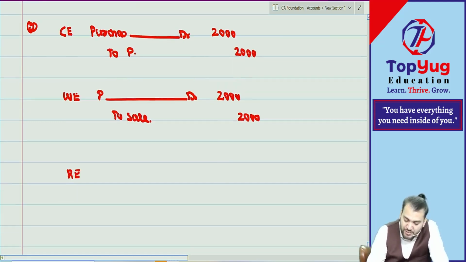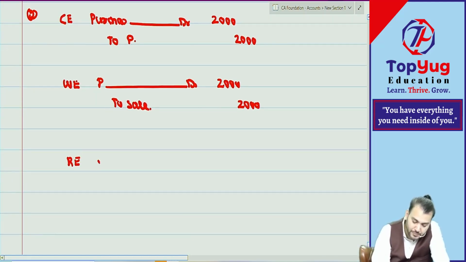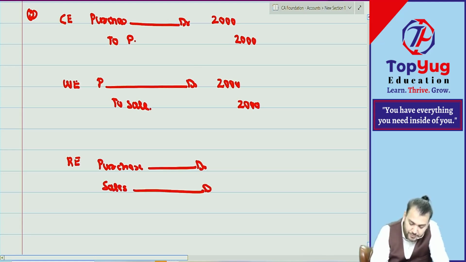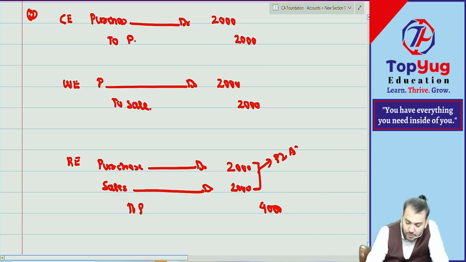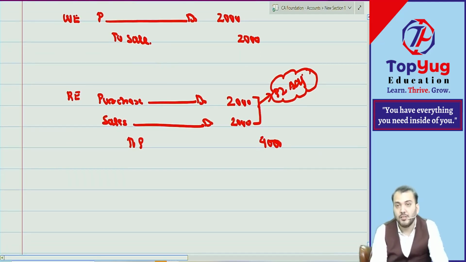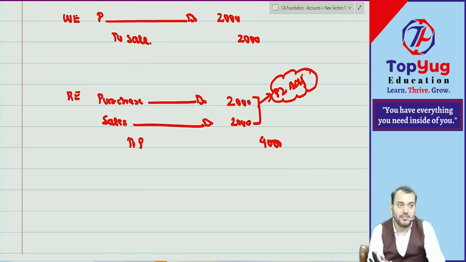Rectified entry will be purchase account debit, sales account debit, to P, 2000 each, so it is 4000. But instead of these two, now we can use what? PL adjustment account. So our rectified entry will be PL adjustment account debit to suspense with what amount? 4000. Whenever you have doubt, do it with correct and wrong entries.